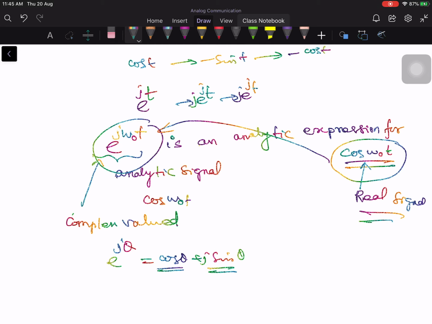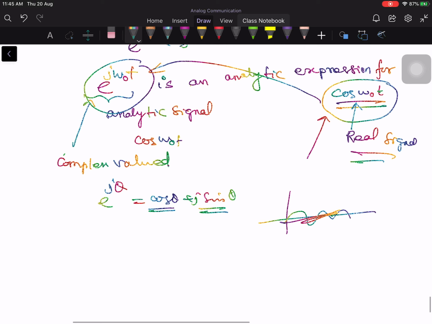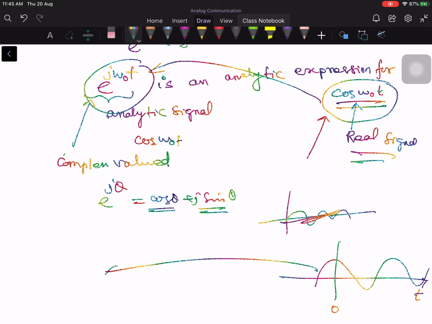So, the same kind of concept we want to generalize for any arbitrary signal. This is a specific signal I have taken here. You take cos omega naught t, that is called a real signal because you can physically observe or generate it in the lab. For every real signal, there is an analytic expression.